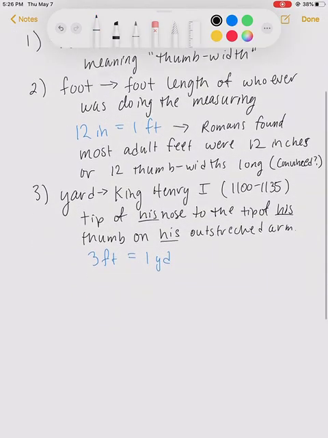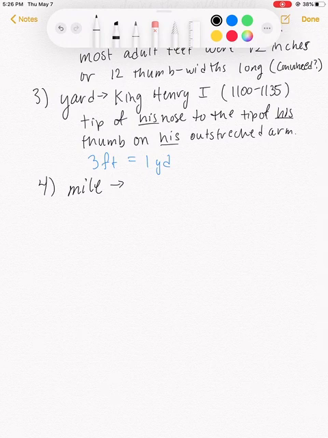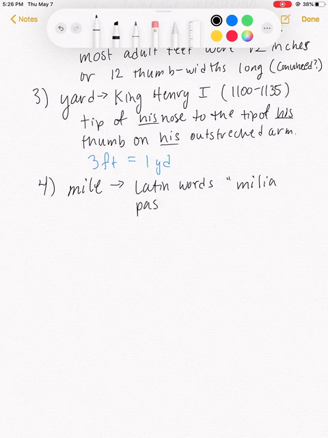The next one is the mile. You might know what this one is already. It's from the Latin words milia passum, meaning 1,000 paces.